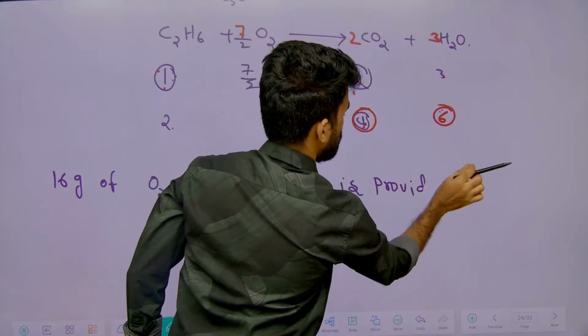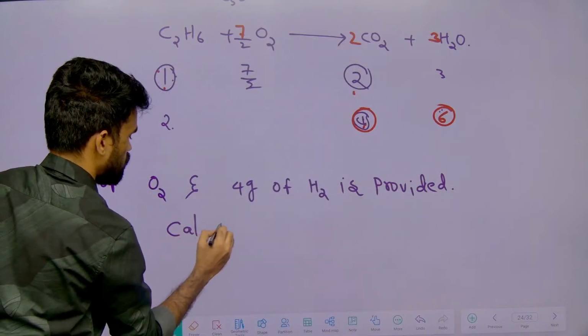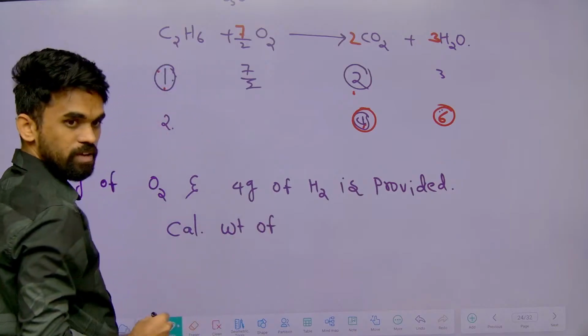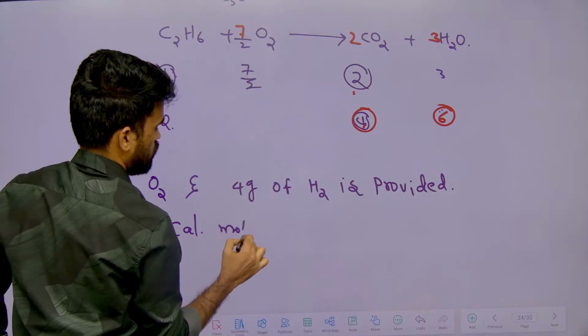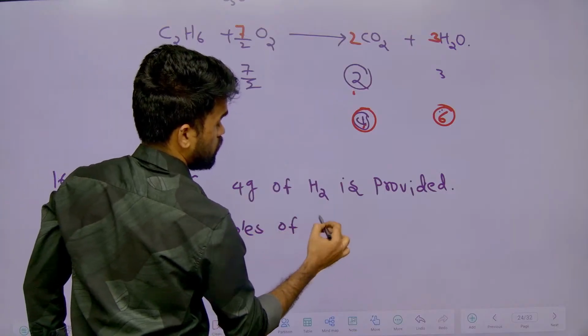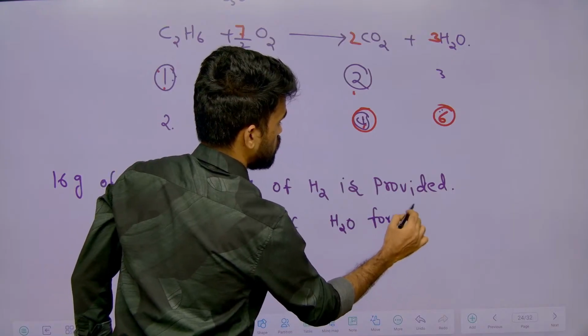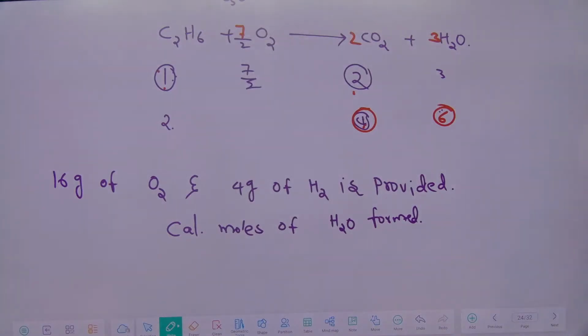Calculate weight or moles of H2O produced, H2O formed. You do this, then you will get some clarity on limiting and excess reagent concept.